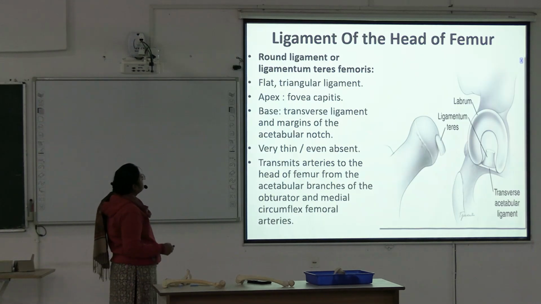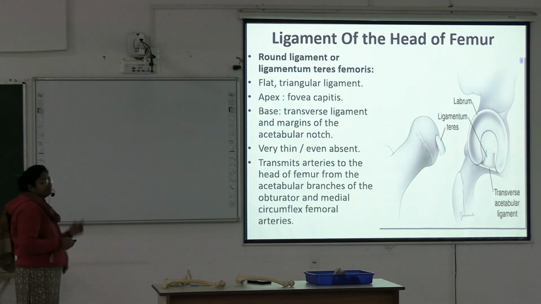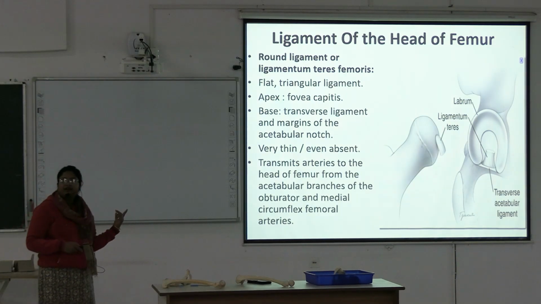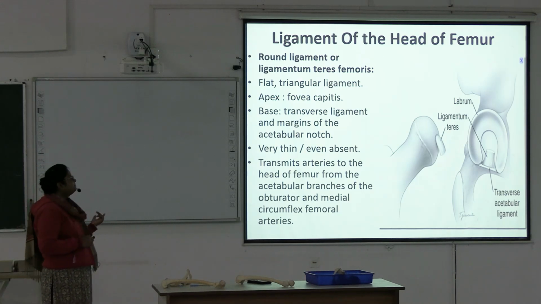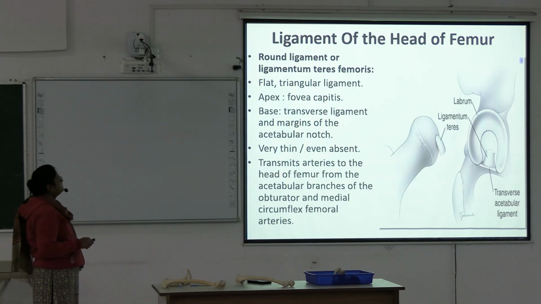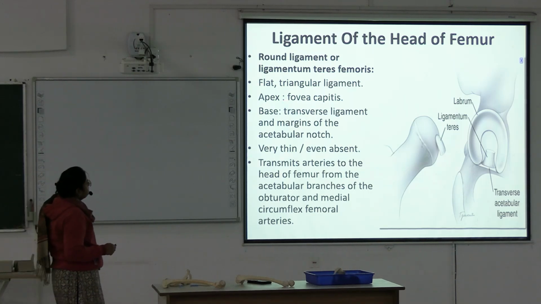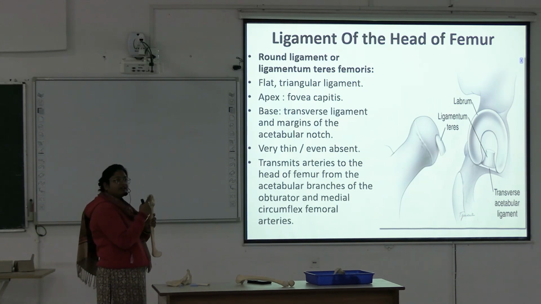Next is the ligament of the head of the femur. This is very frequently asked in your viva, where it is attached. The ligament of the head of the femur is also known as the round ligament of the femur or ligamentum teres femoris. All three names are used. It is a flat triangular ligament. The apex is attached at the fovea capitis.